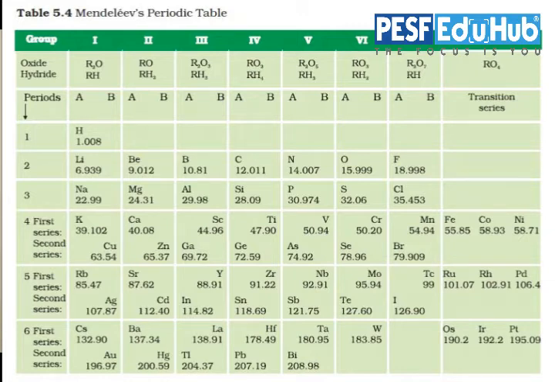The compounds of these elements formed with hydrogen and oxygen are called hydrides and oxides. The formula is given on the top in the horizontal row.